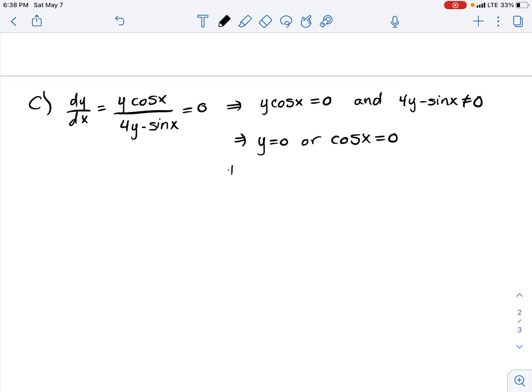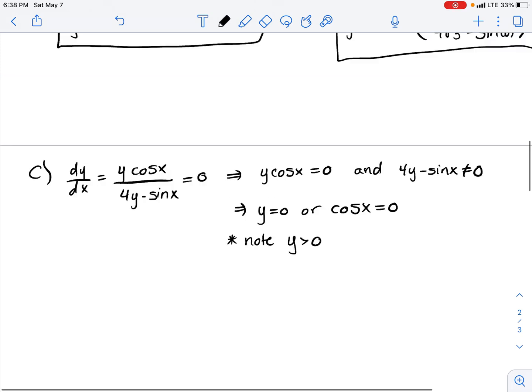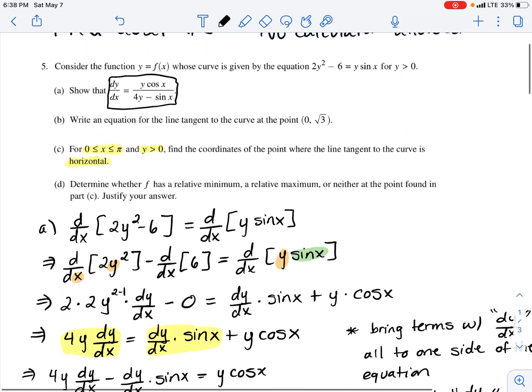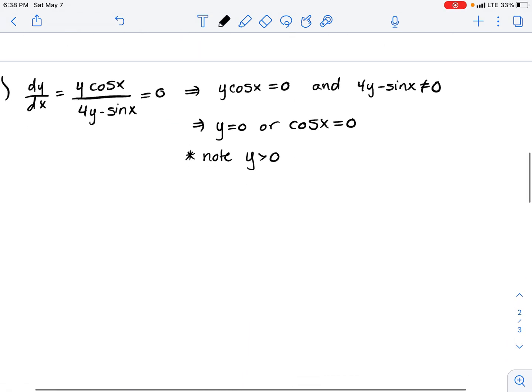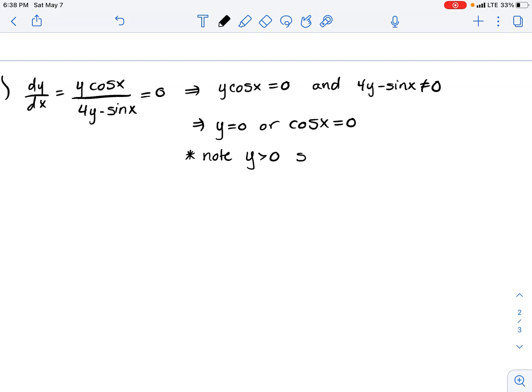But note, we said in the beginning that y must be greater than 0. That was just a condition that we had in the beginning, right? For x in between 0 and pi and y greater than 0. So this can't happen. So y can't be 0 for what we're looking at, right?